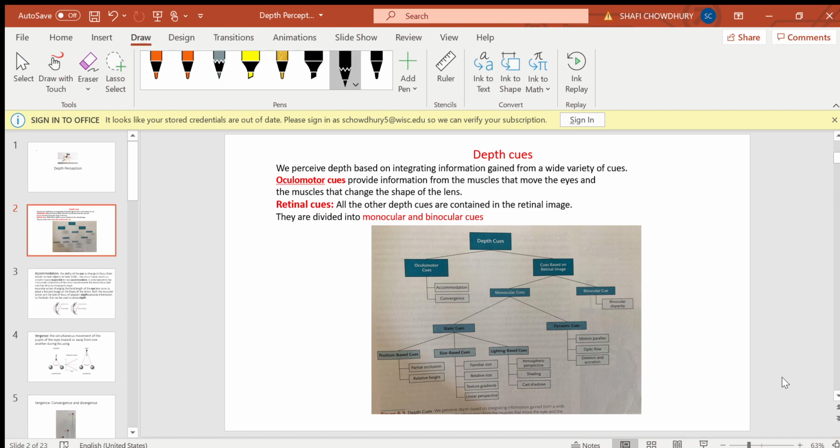Retinal cues are divided into monocular and binocular. There are many retinal cues. Those cues give the perception of depth from the single retina. So you don't need both retinas or both eyes to process the monocular cues.